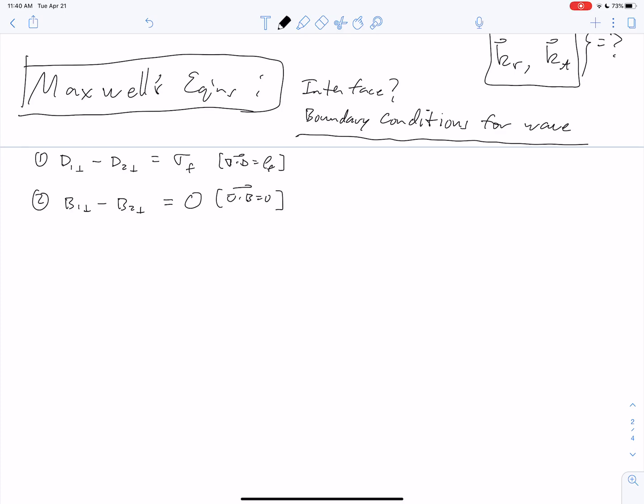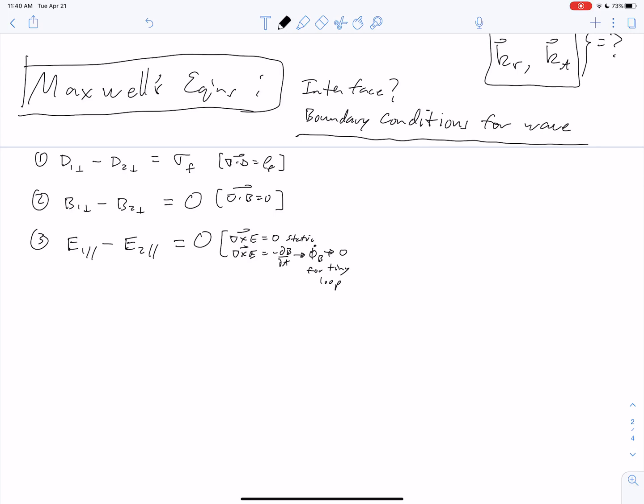We derived it. And then the third one is E1 parallel, the parallel component of the E field on one side minus the parallel component of the E field on the other side is equal to 0. You know that one comes from del cross E. When we originally did it, we had del cross E equals 0 for static, but it's still true here because now we have del cross E equals negative dB/dt, and the changing flux goes to 0 for a tiny loop.